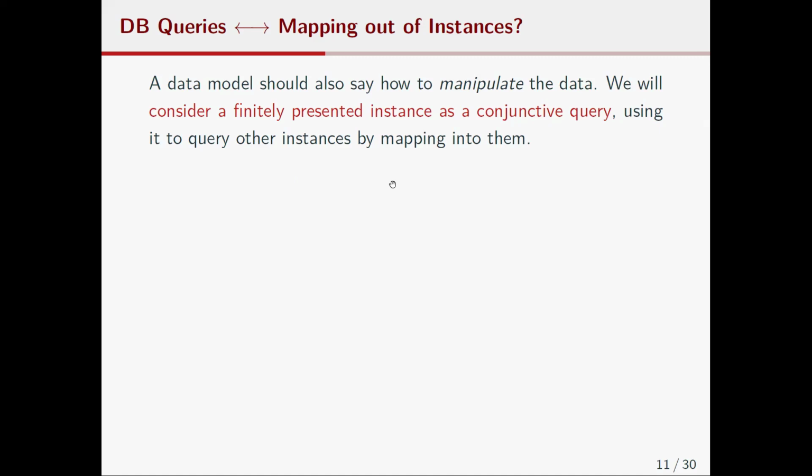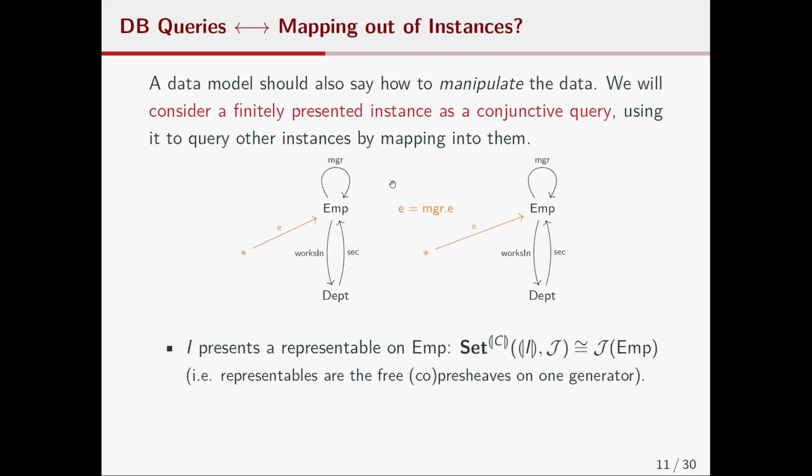So what we will do is to consider a finitely presented instance as a conjunctive query, and use the idea that conjunctive queries can be represented by mapping out of some model, right? So we're going to map out of an instance, and that will be our query, right?